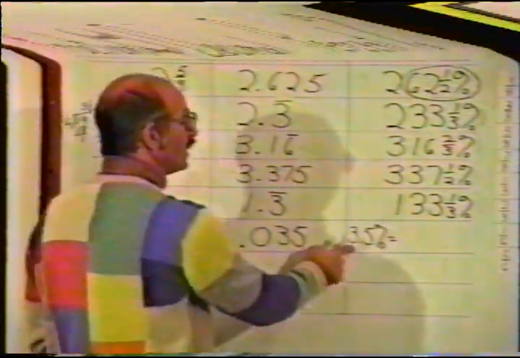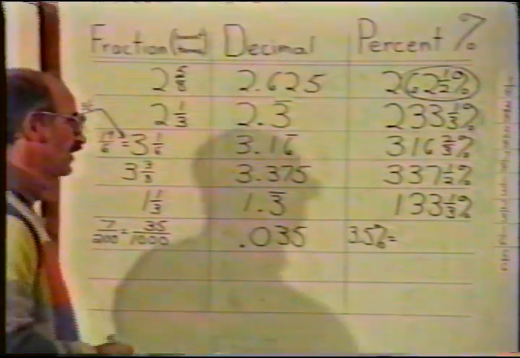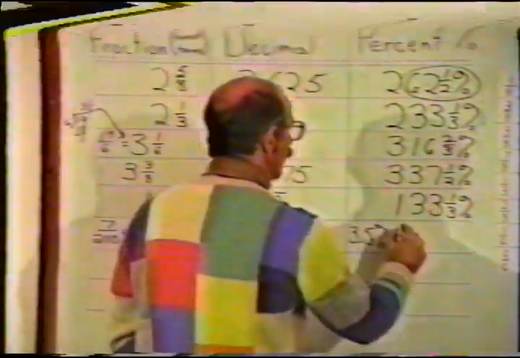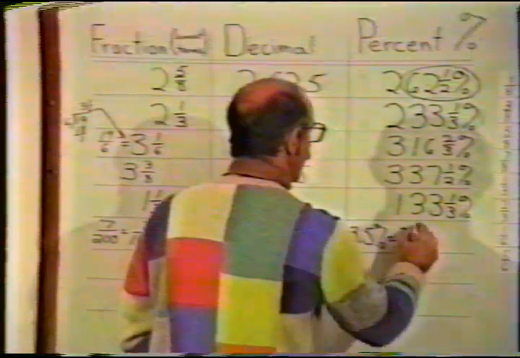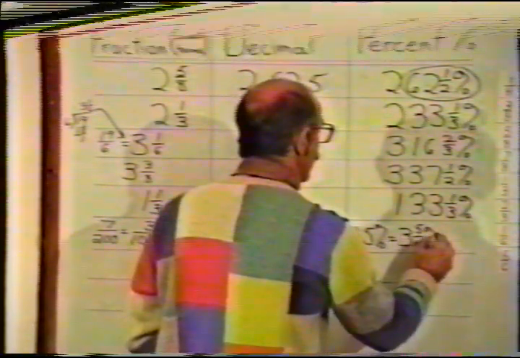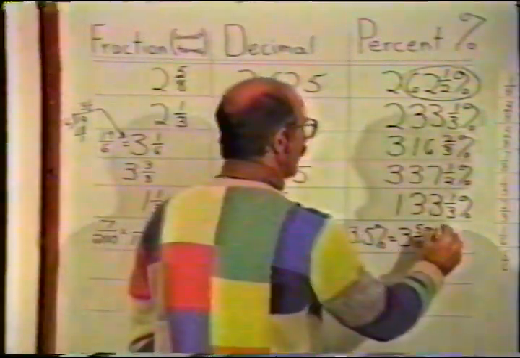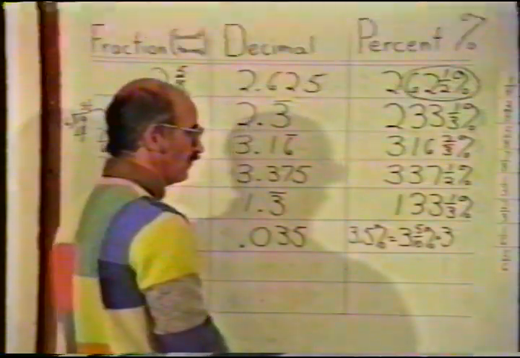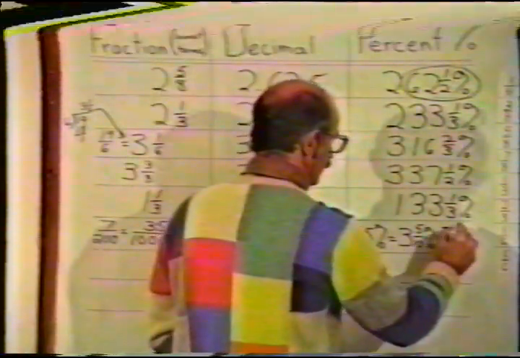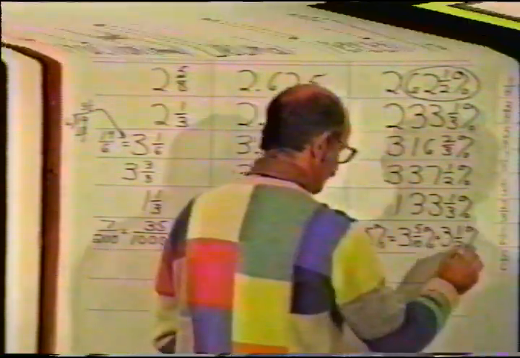How do I read that? 3 5/10%. 3 5/10%, and I can reduce the 5/10 to what? 3 1/2%. 3 1/2%.